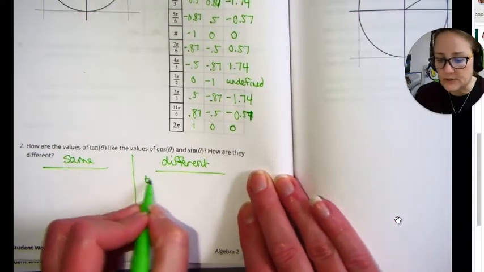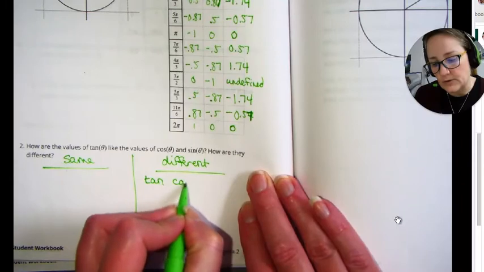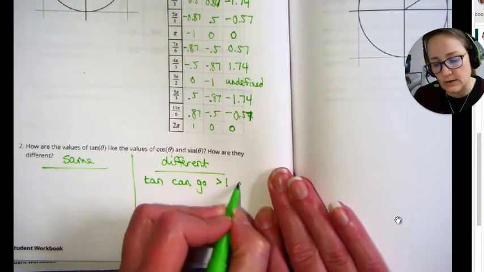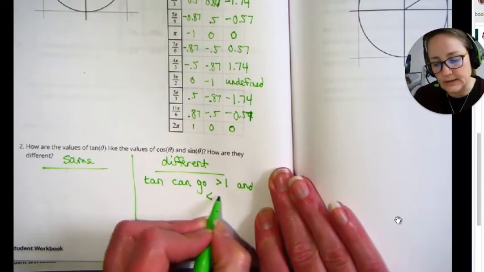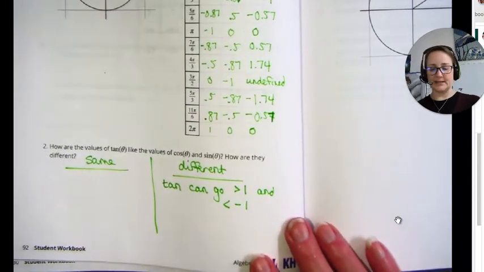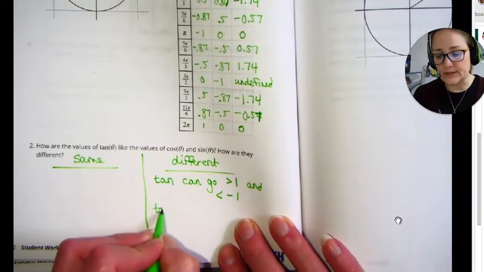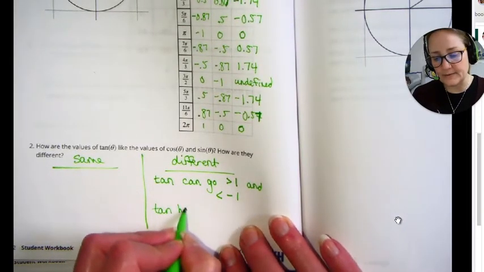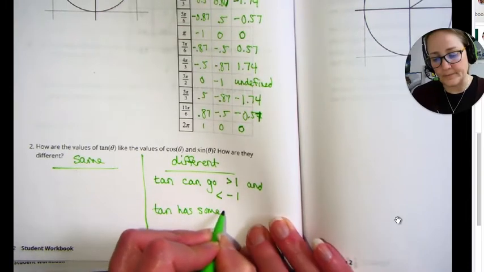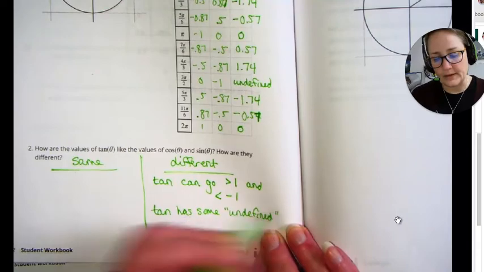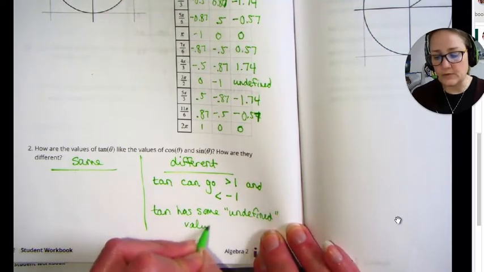We already said that tangent can go greater than 1 and less than -1. Breaks that ceiling going on there. Tangent has some places that are undefined. These undefined values.